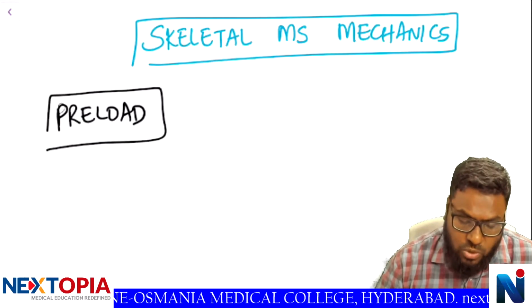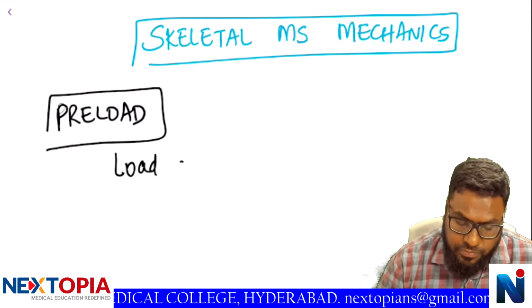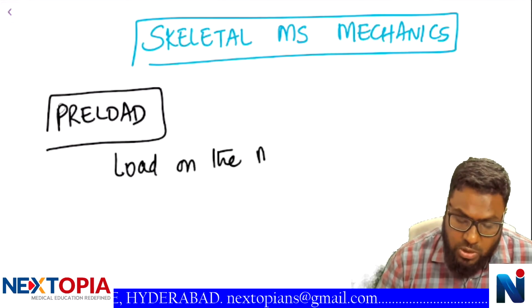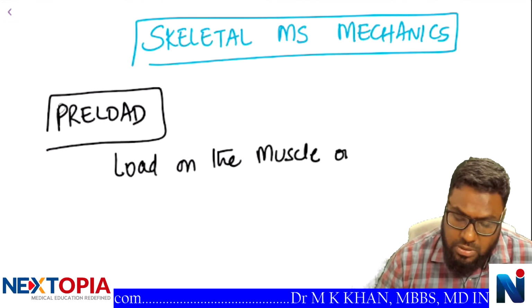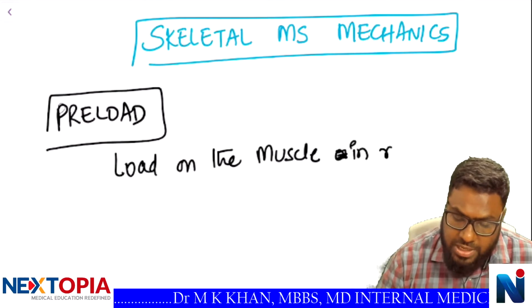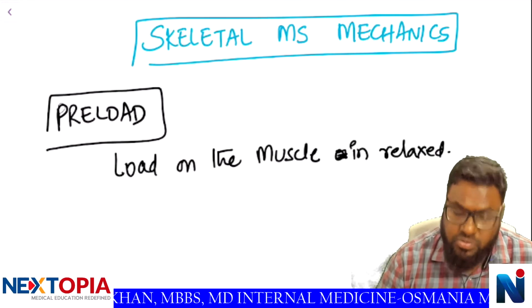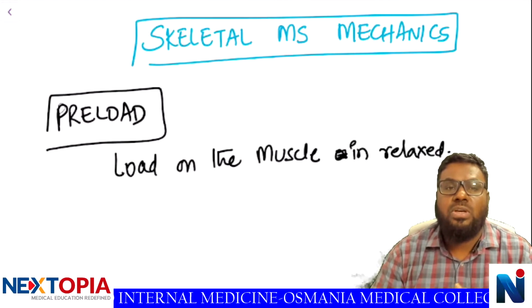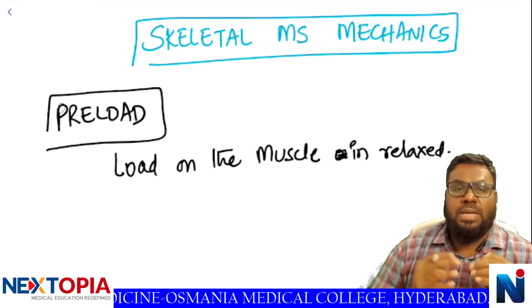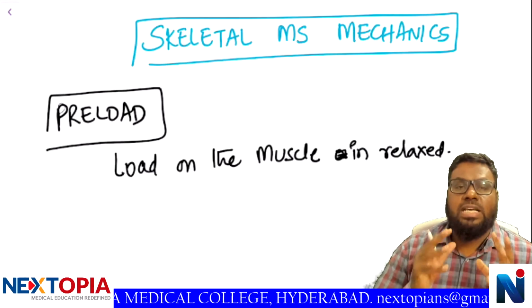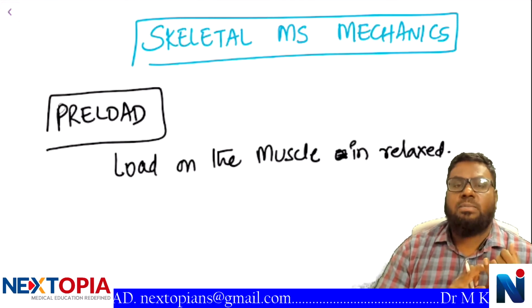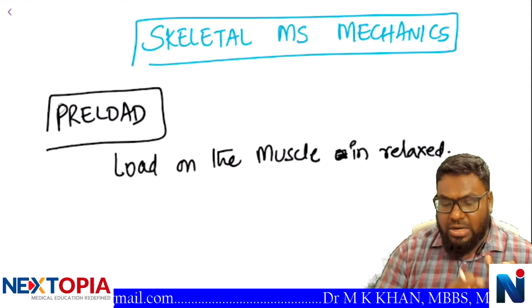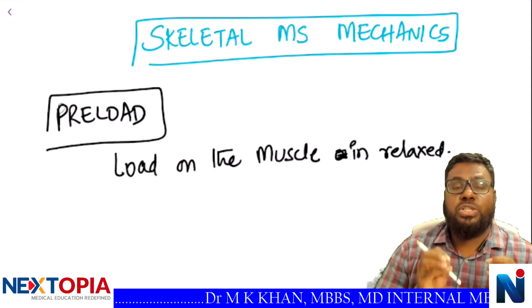So the amount of load on the muscle before contraction, or in a relaxed state. Can I call it before contraction? Obviously relaxed state. Please remember, whenever you apply preload to the muscle it does two things. The preload stretches the muscle, and preload generates a passive tension in the muscle.